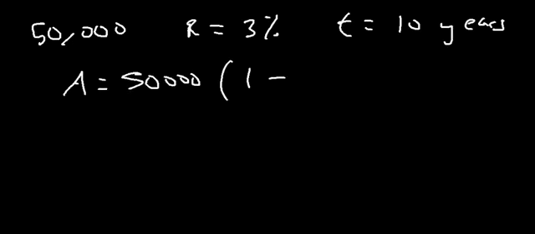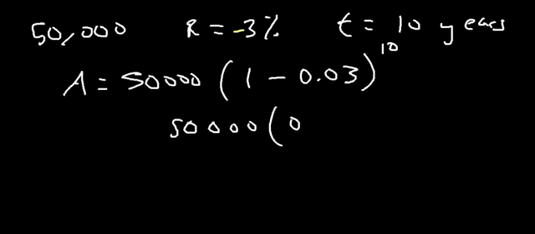But because we're dealing with a rate decrease, this is negative. So it's going to be 1 minus 0.03 instead, raised to the 10. So it's 50,000 times 0.97 to the 10. Notice that this number is less than 1. What this means is that we have a decay problem instead of a growth problem. And then you could plug that in and get the answer.